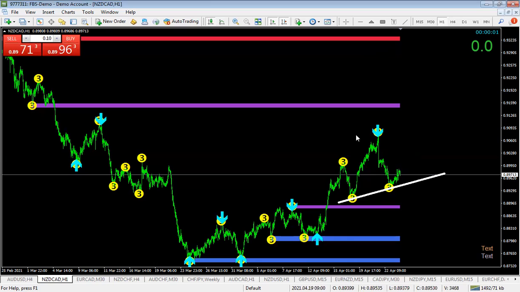But for those who are still trying to understand market structure, guys, this indicator is for you. So you can see this is the head, right? The head, which is colored light blue, and you see the two shoulders maybe on Monday or on Tuesday.